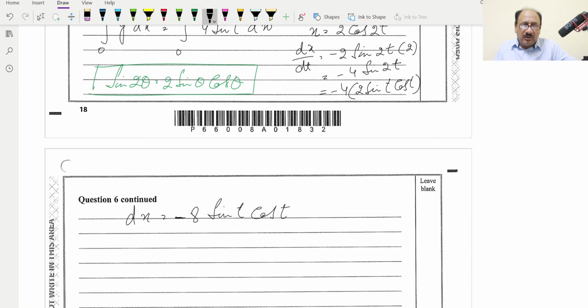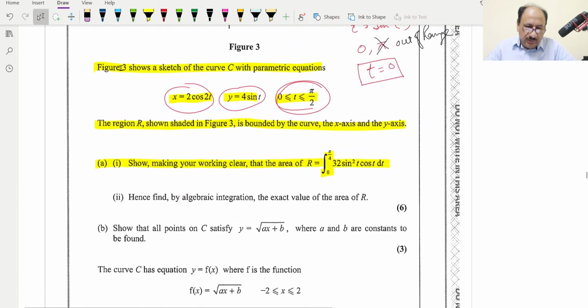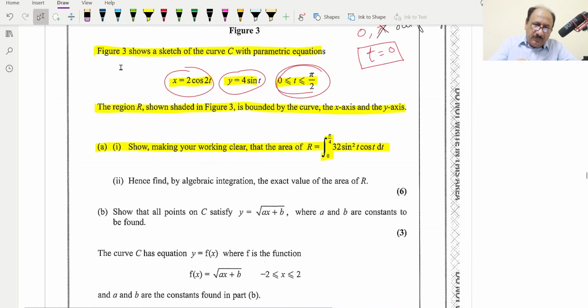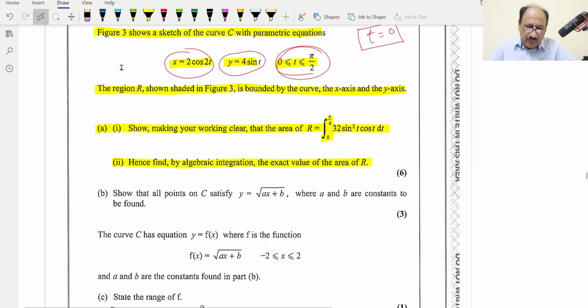Area of R will be... The exact area of the first part we are done with, and this second part is the area of R which we are finding.